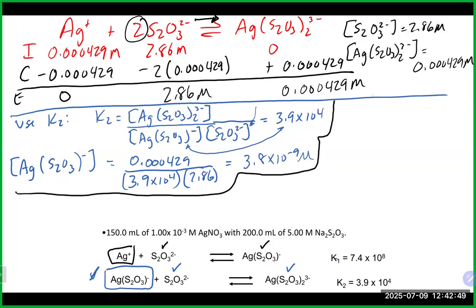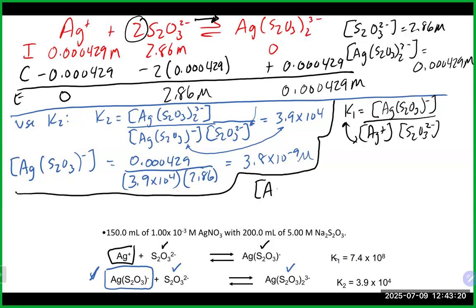So using K1's reaction down there, that's going to give us our intermediate that we just solved for, divided by silver, which we are looking for, and also our S2O3. And again, that is going to equal our K1 value.